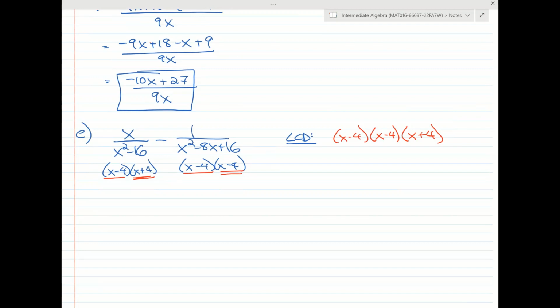What we're going to do is multiply by whatever's missing. We have x minus 4 here. We definitely need an x plus 4 over itself. The one on the left, we need another x minus 4.